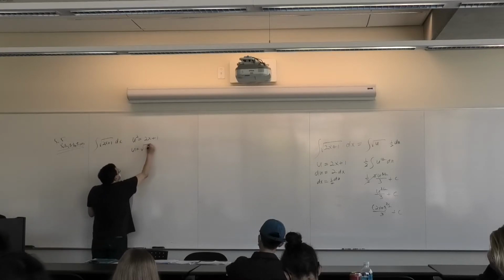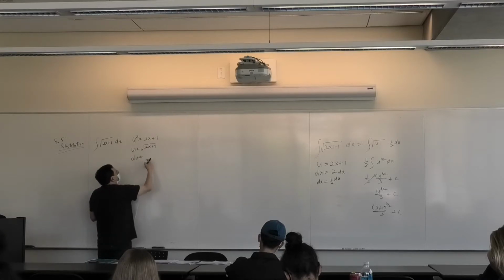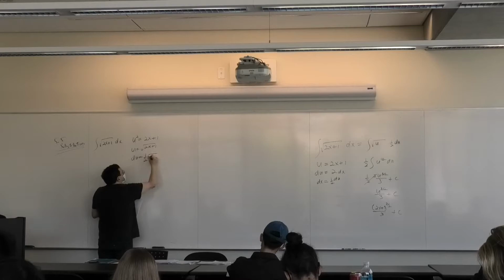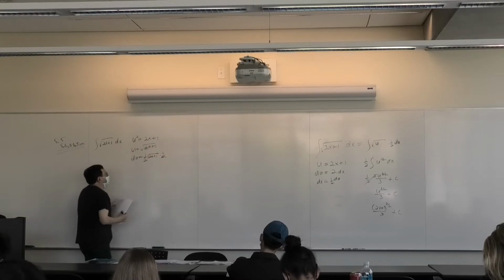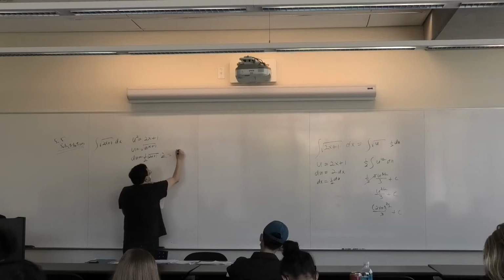Well, u equals the square root of 2x plus 1. So du equals, okay, I have to find the derivative of this. It's just to the 1/2, so 1 over 2 square root of 2x plus 1 times 2, right? This is a chain rule. So this just ends up 1 over the square root of 2x plus 1 dx.